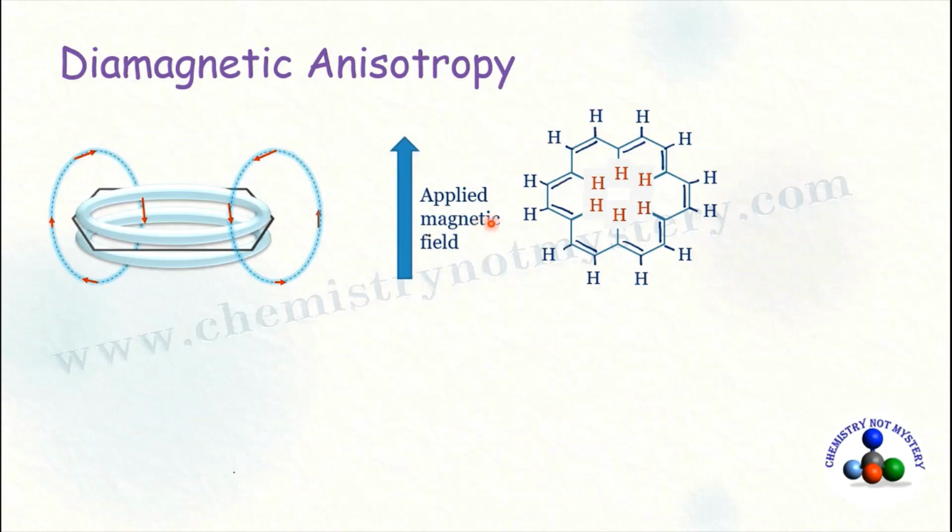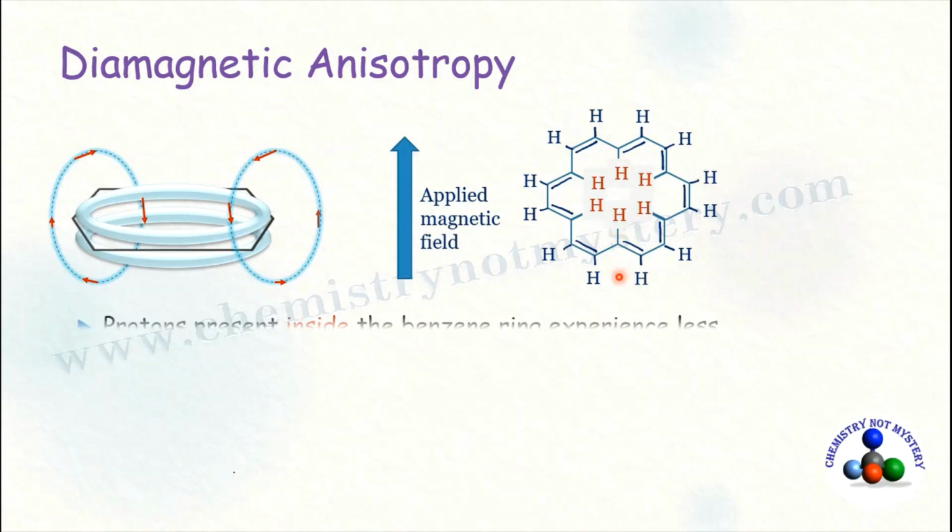Let's try to understand diamagnetic anisotropy with an example of annulene. In the annulene, there are 2 types of protons, one present outside the ring and one present inside the ring. Annulene is similar to benzene as they are both aromatic compounds.